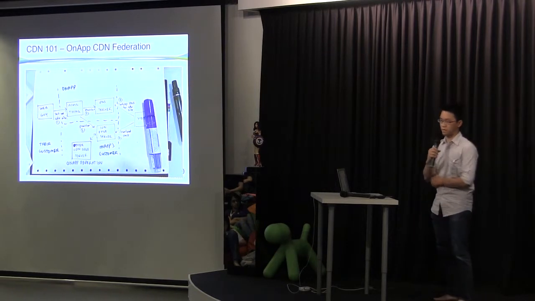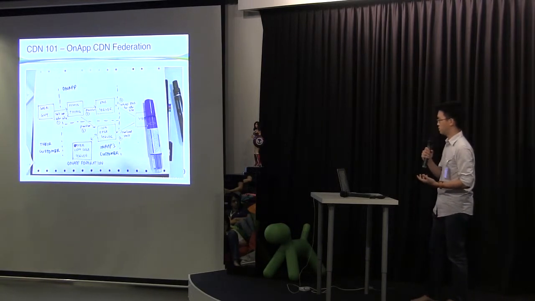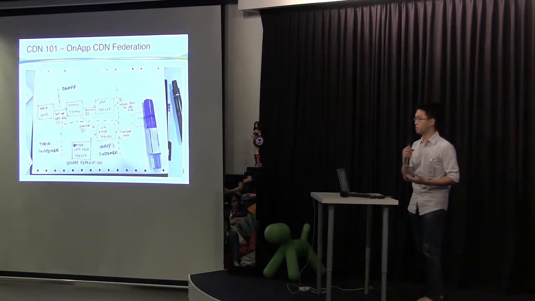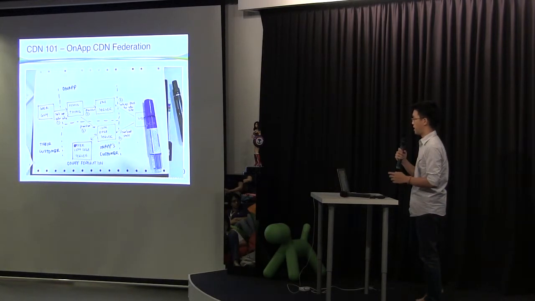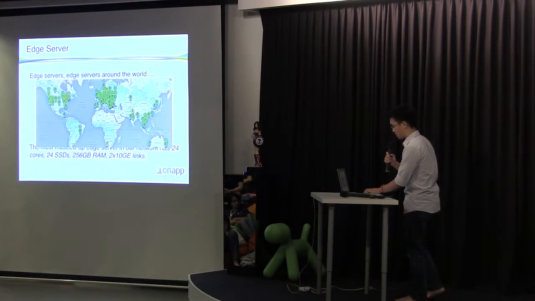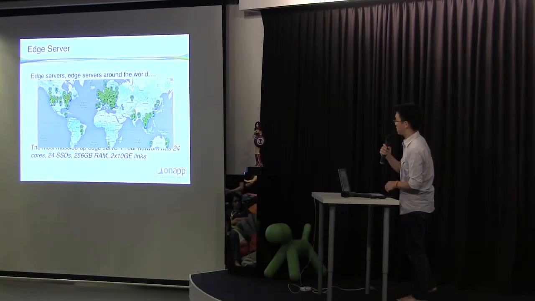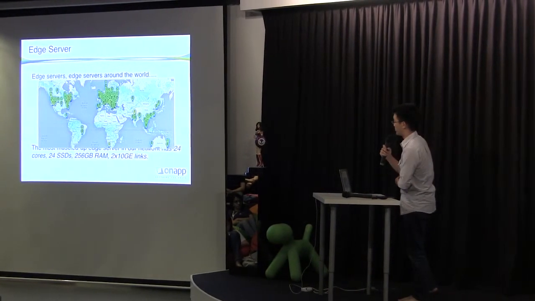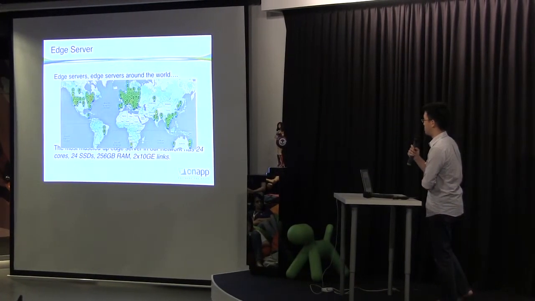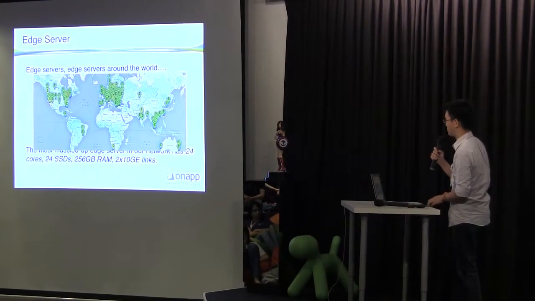So if you're a provider in Kuala Lumpur like Exabytes, and you don't have presence in America or Europe, you could just get bandwidth from them through our federation. That's a map of where our customers have H servers around the world. We pretty much cover North America, Europe, and Asia Pacific, and one lonely server in South Africa somewhere.